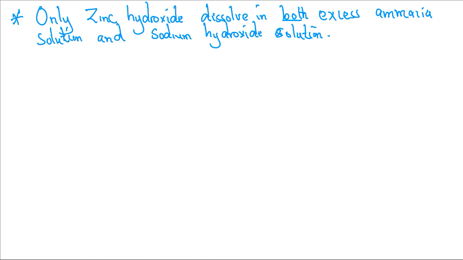If you check the hemoglobin, it is a complex ion, and it helps in the blood oxygen transportation in the body in the form of oxyhemoglobin. That is all about the effect of sodium hydroxide solution on different metal ions.